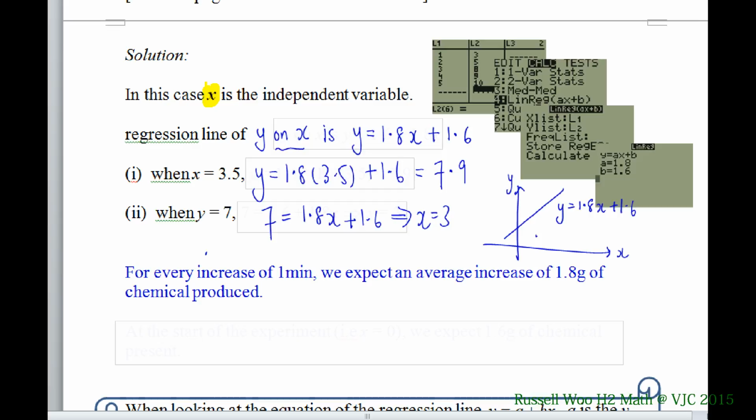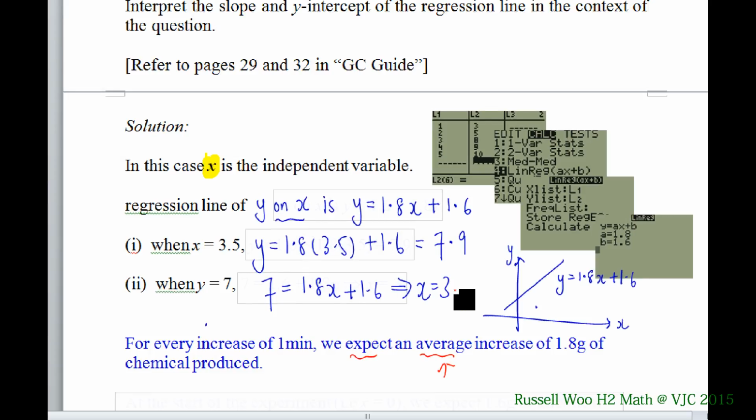Keywords here, actually, we don't know. We only roughly expect an average increase, just from the regression line. That's answering the interpretation of the slope.